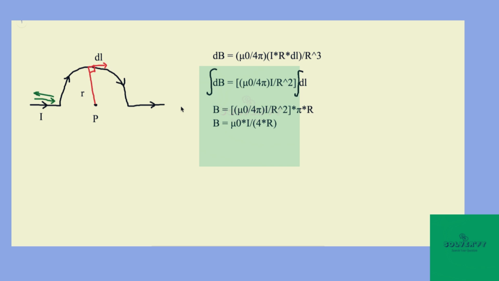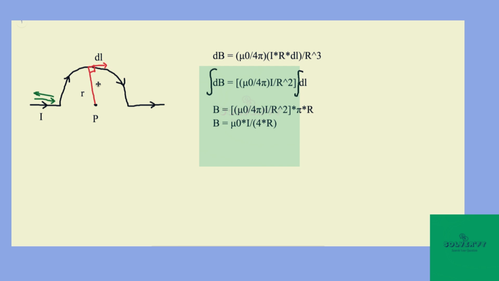Now let's think about the direction. Again, the straight pieces on either end aren't going to contribute any magnetic field, so we can ignore them. Thinking about the direction of the magnetic field, we want to take the cross product of dL and r.